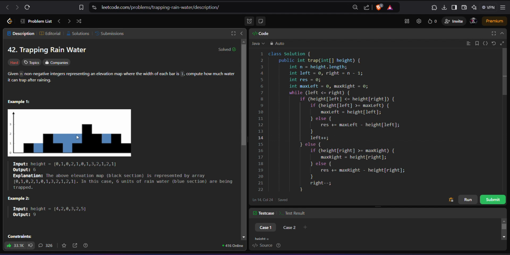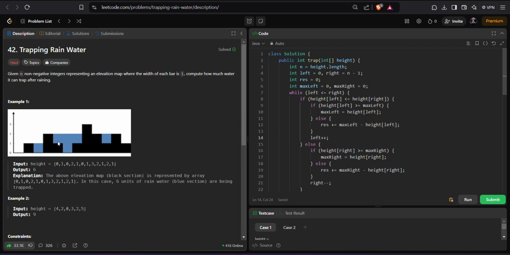Why? Because you can see over here, the minimum of left and right will decide the level of water for the current height. And what will it be? It will be minimum of left and right minus the height of the current level.